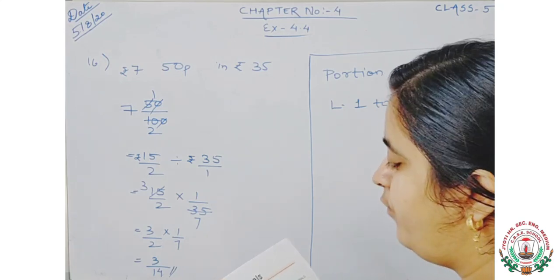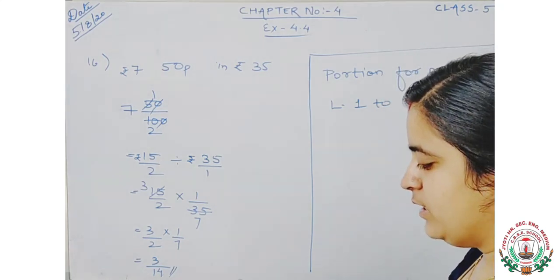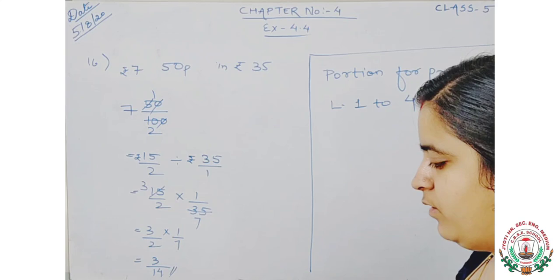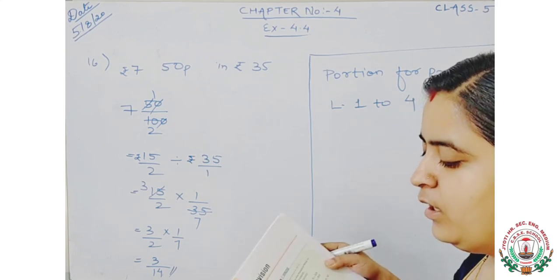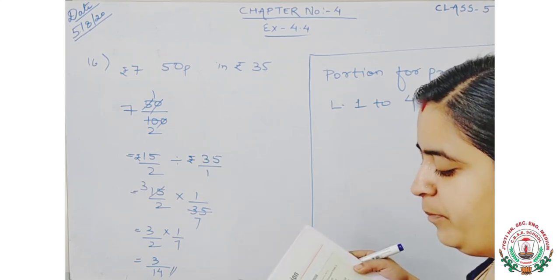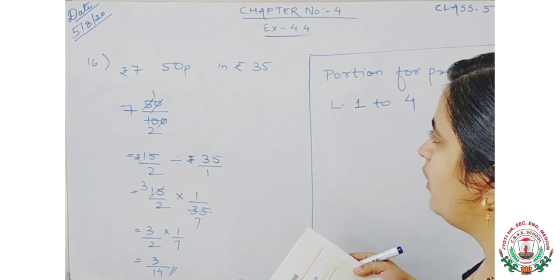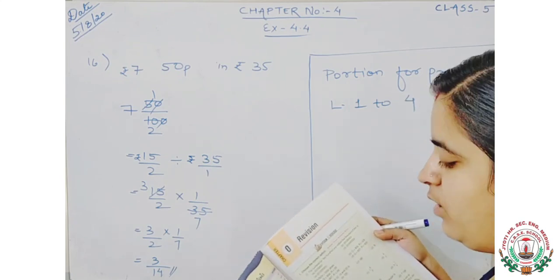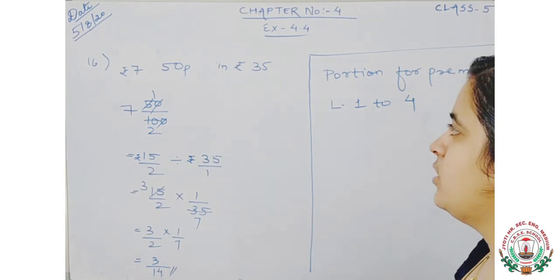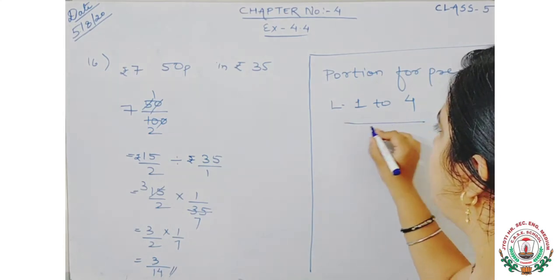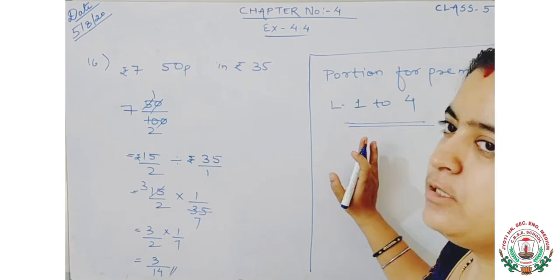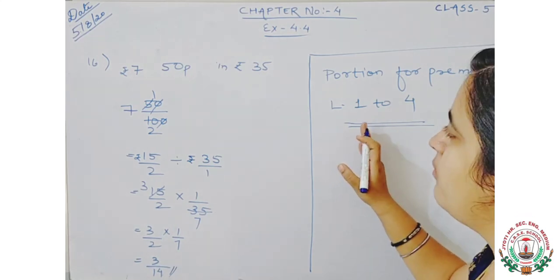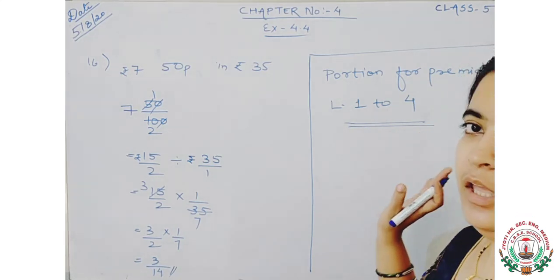Lesson number 1 is numbers up to 10 crores. Number 2 is operations involving large numbers. Number 3 is HCF and LCM, and number 4 is multiplication and division of fractional numbers. So these 4 chapters will come. Please start preparing chapter number 1 to chapter number 4. Okay, thank you.